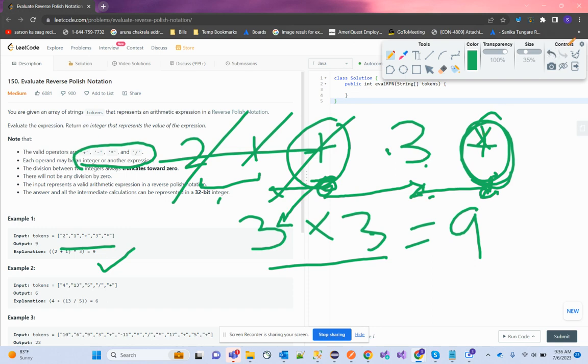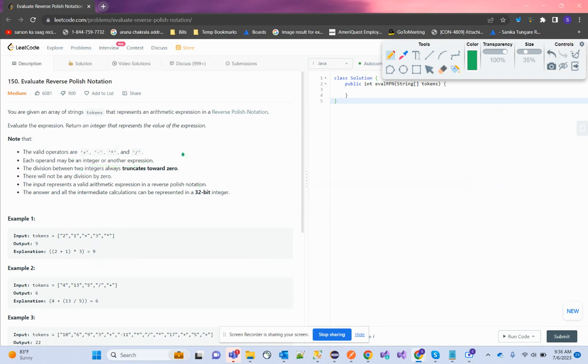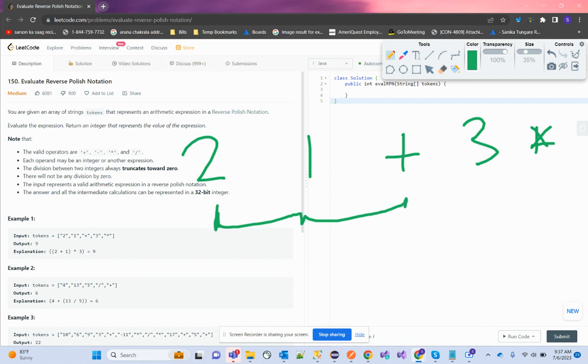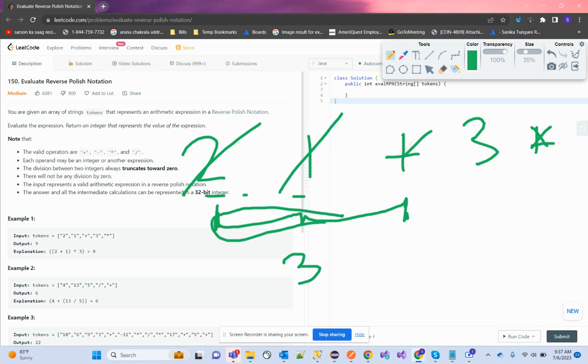Let me explain again if it's not very clear. We have 2, 1, plus, 3, multiplication. I start from this position: this is an integer, this is an integer, this is plus. When I get a plus, I add the previous numbers, 2 and 1, which is 3, and remove those numbers and keep this 3.